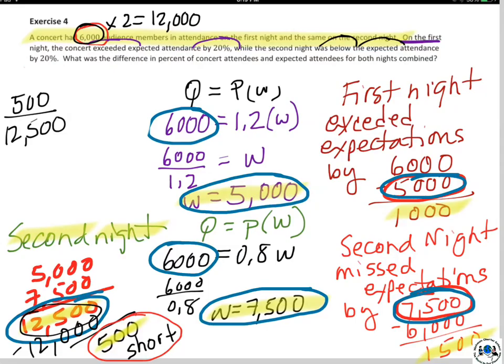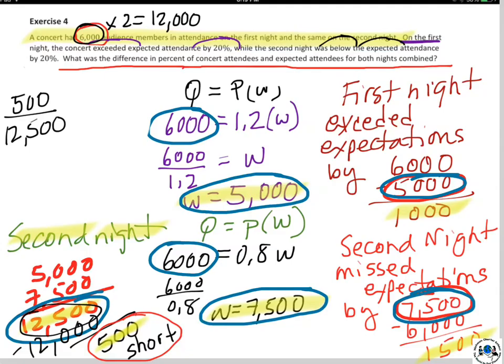What was the difference in percent of the concert attendees and expected attendees for both nights combined? That difference between who attended and who was expected to attend.